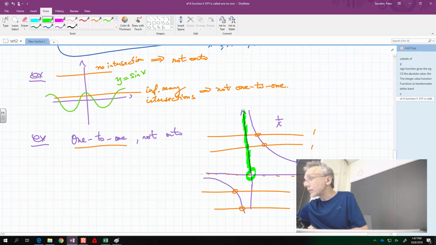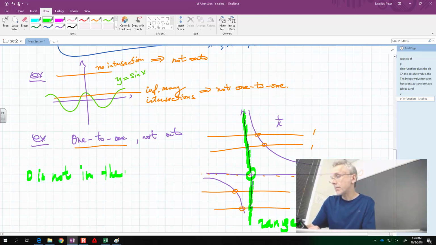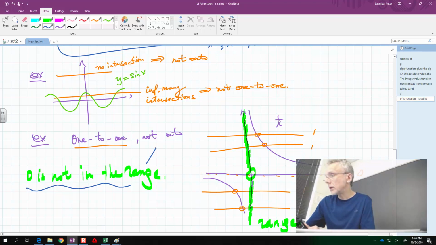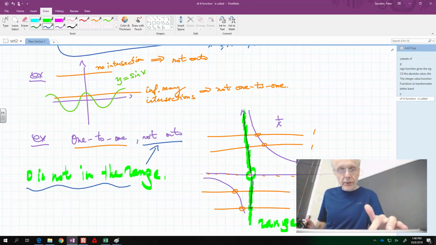So the range does not contain 0. If 0 is not in the range, then it is not onto. Okay, I'll just stop here, and then we'll talk some more about it.